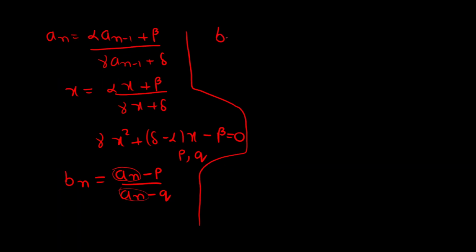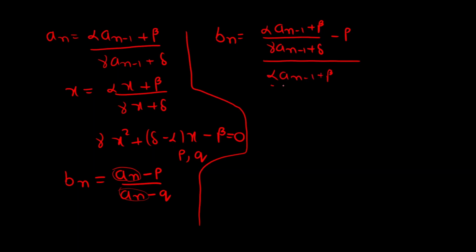We'll get b_n is equal to ((alpha a_(n-1) plus beta) by (gamma a_(n-1) plus delta) minus p) divided by ((alpha a_(n-1) plus beta) by (gamma a_(n-1) plus delta) minus q).